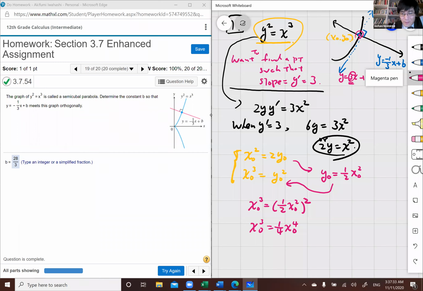Multiply both sides by 4 to remove the fraction, and let's factor like this. There are two possible solutions to this equation. One of them is x naught is equal to 0 from here. Another answer is x naught is equal to 4. Now, which one looks like a good one? Let's see.